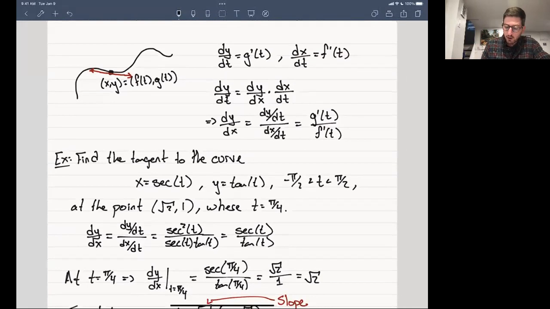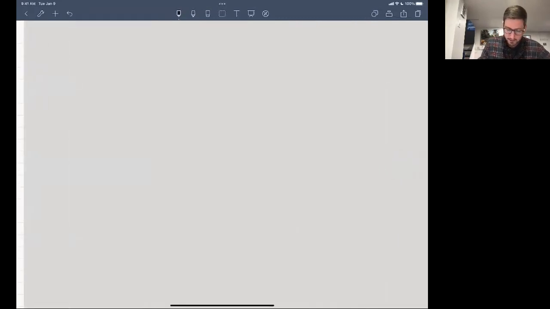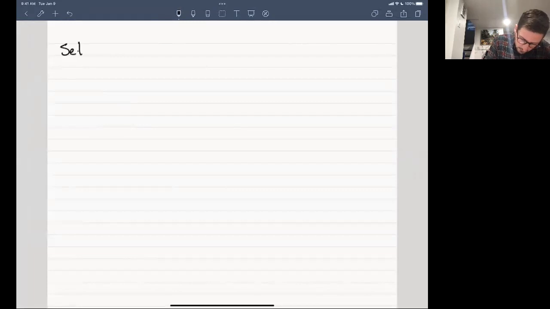Okay, so now let's ask ourselves how we can compute the second derivative of a function. Let's set y prime, just as a placeholder, equal to dy by dx, which we calculated from the previous example.